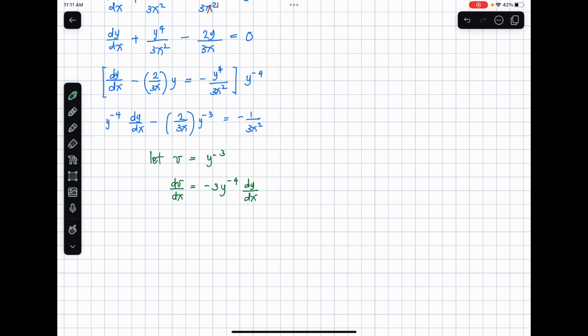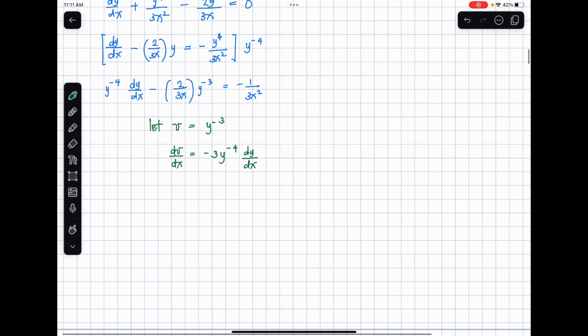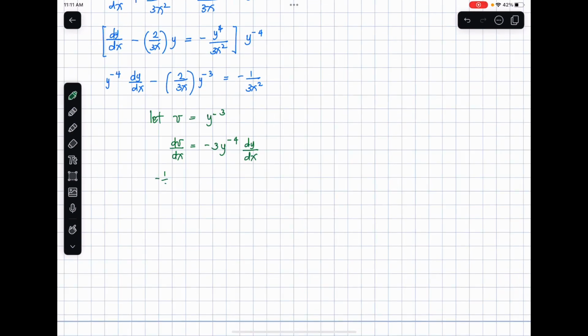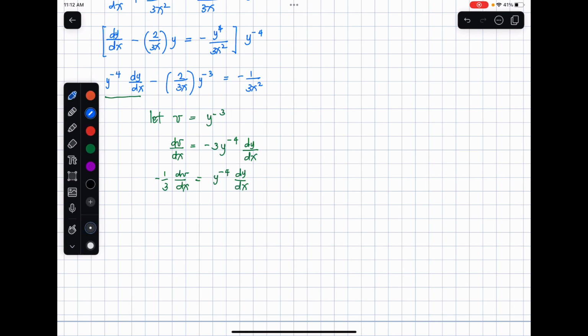We proceed with the next step, which is to multiply everything by the inverse of negative 3, which is negative 1/3. So dv over dx will be equal to y raised to negative 4 dy over dx, and thus y raised to negative 4 dy over dx is the same as negative 1/3 dv over dx.